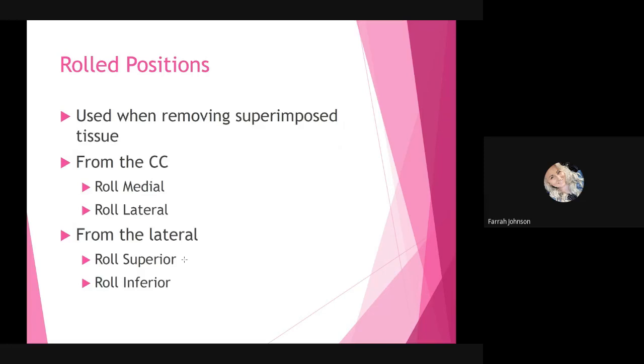So if you're doing a CC projection, you can either roll the breast medially or roll it laterally, meaning that you are literally putting your hand on top and on the bottom of the breast, and you are rolling it in opposite directions. And then the same goes for the lateral. If you're in a lateral projection, you can either roll the breast superiorly or roll it inferiorly towards the ground.